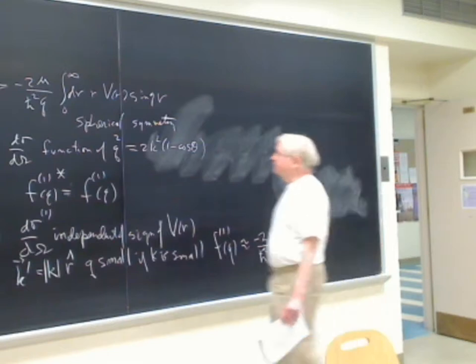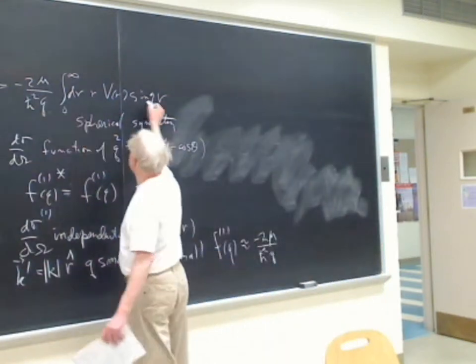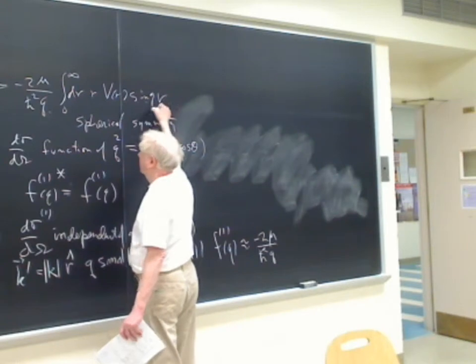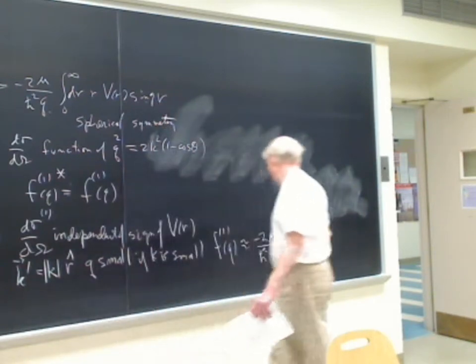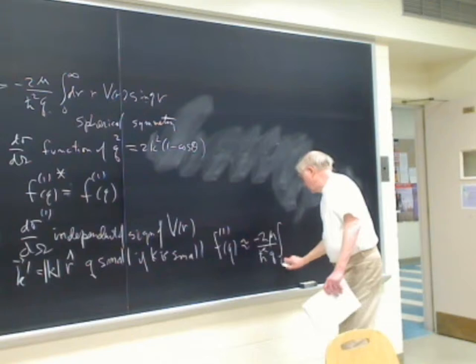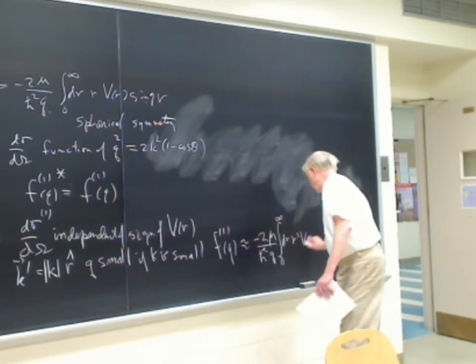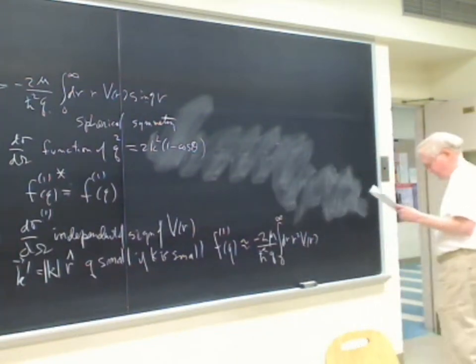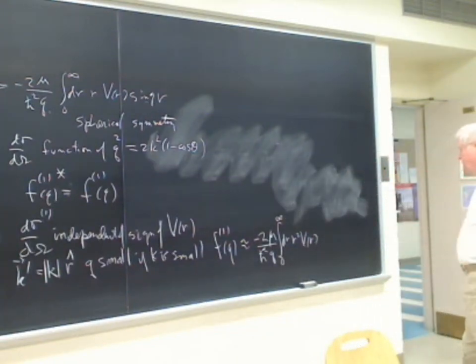And in fact, you can bring this q in here, and you can say sine qr over q should just be an integral 0 to infinity dr r squared v of r. Right.